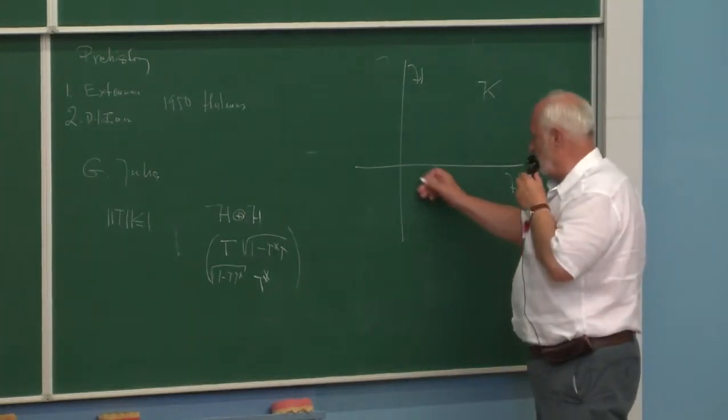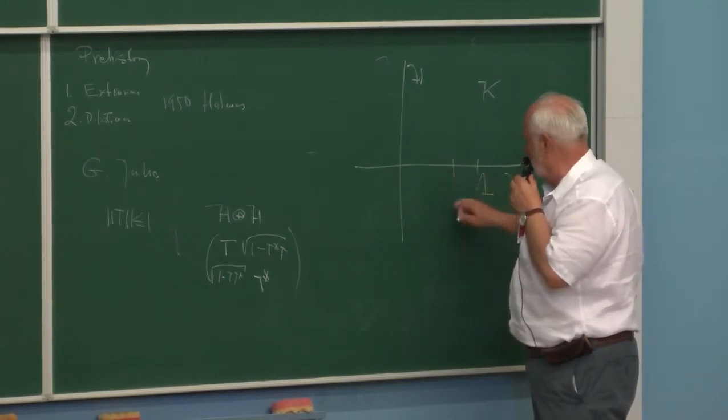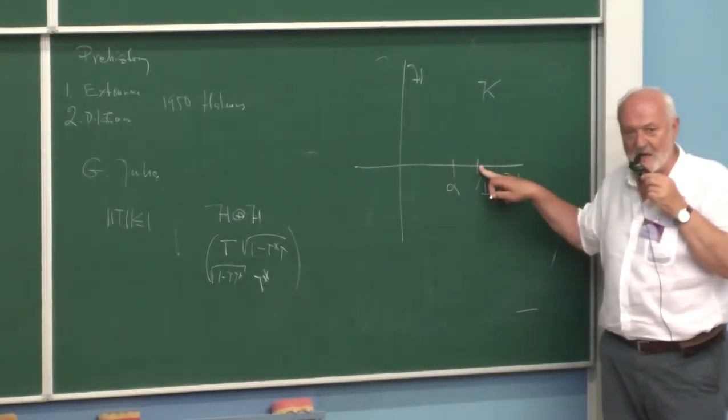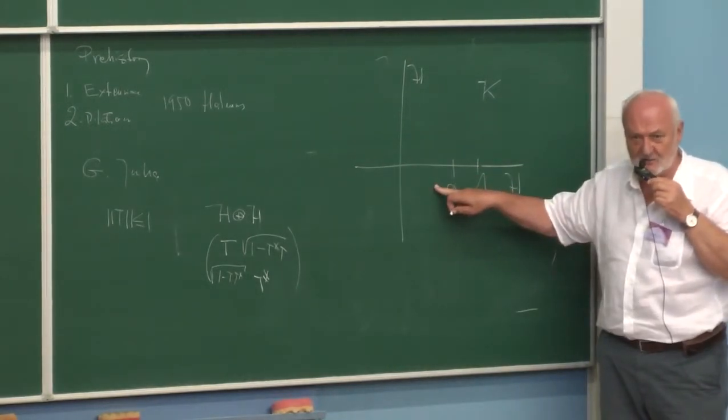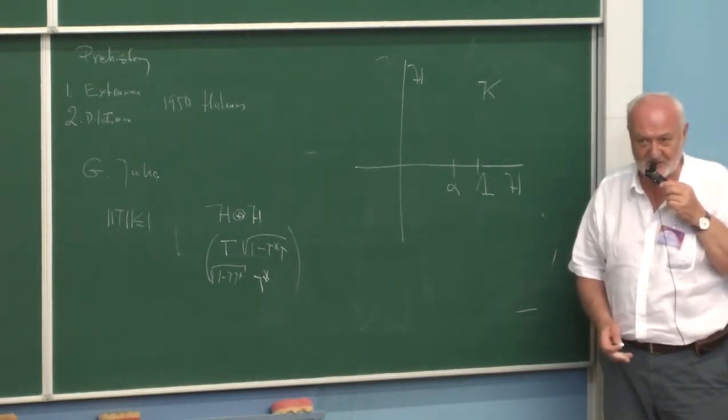And if you have a contraction in this smaller space, let me put 1 here, then the contraction sends vector 1 to some number which is to the left of it, as a contraction.